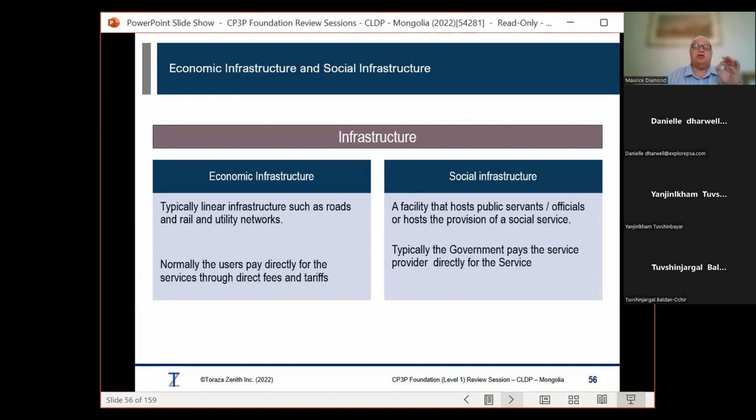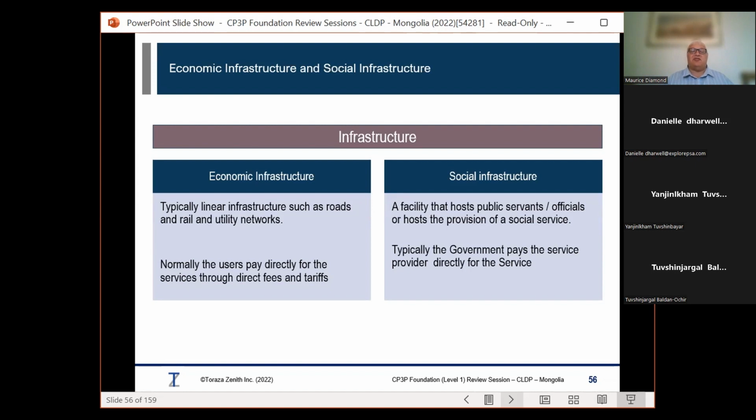So we have two major kinds of infrastructure according to the guide. The first is economic infrastructure. Now that's typically network-based, so pipes, power lines, IT lines, linear infrastructure such as roads and rail and utility networks as well, if you think of those as being a network.